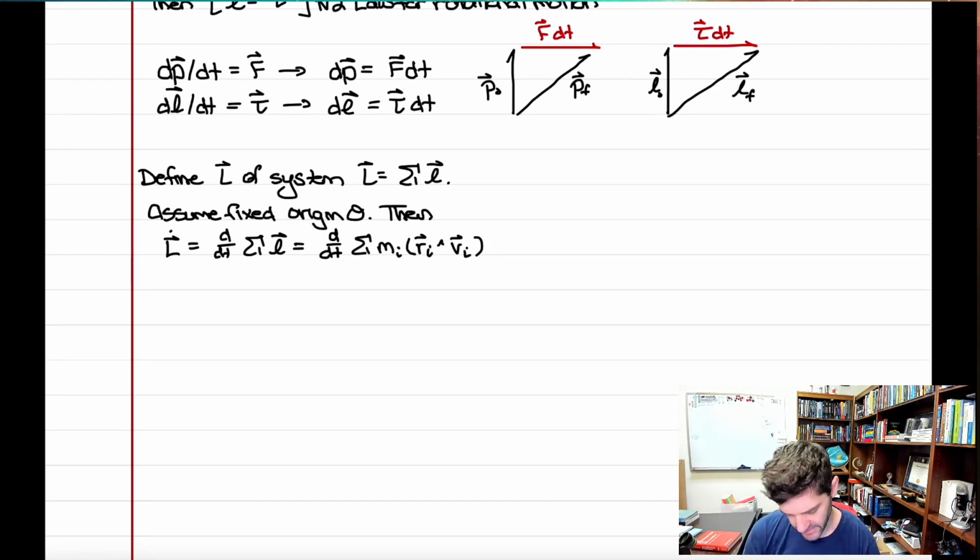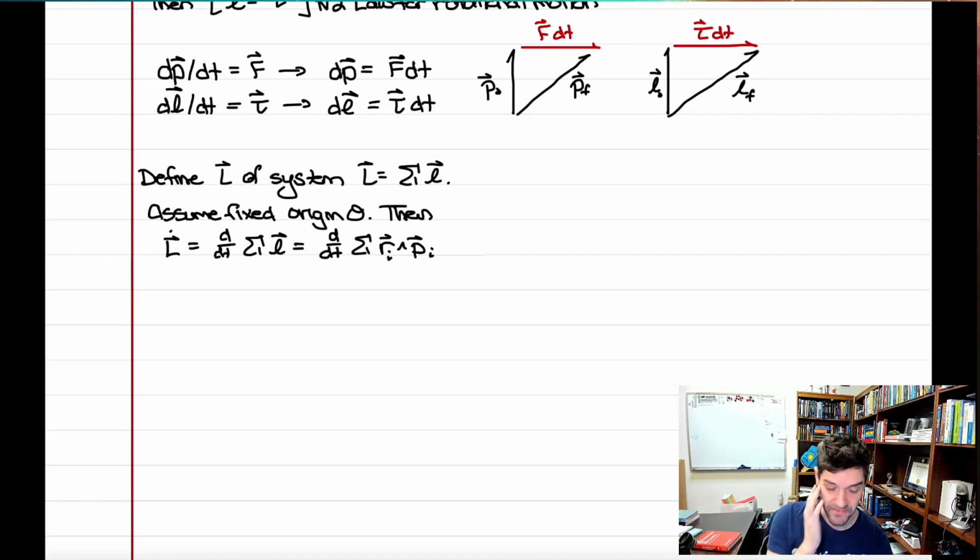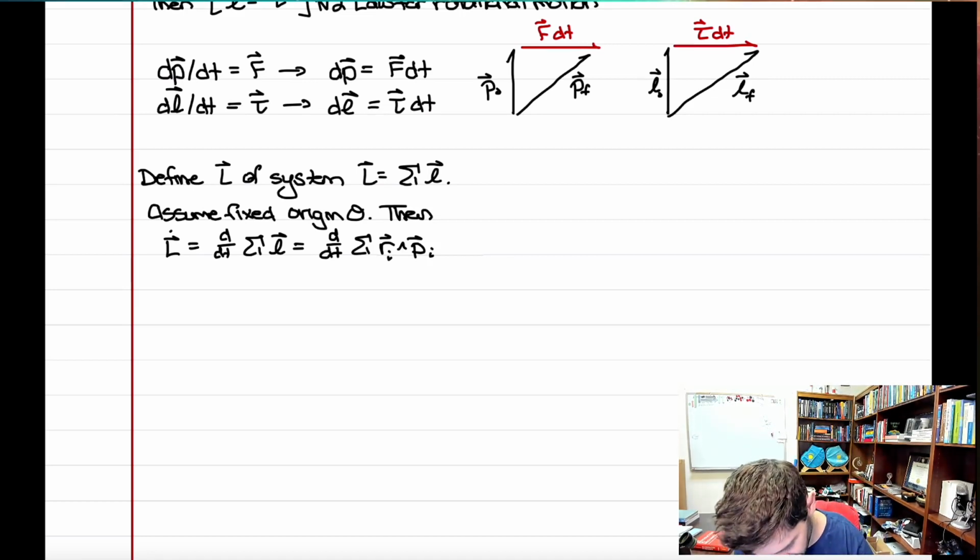Maybe actually I don't even need to do it in terms of velocities. Let me stick with momentum. And this is just R cross the momentum, positions and momentums of individual particles, summing over I. Well, I know the derivative distributes over sums.